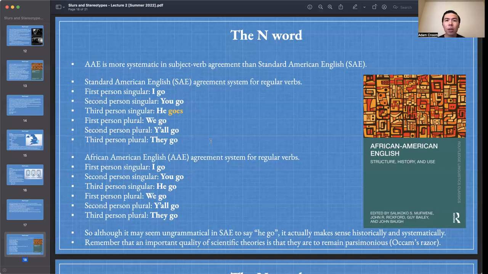Similarly, our rule system for language shouldn't be unnecessarily complex like we see here, but rather should be more uniform across all instances. And comparing SAE and AAE, AAE is more consistent in its agreement system for regular verbs, okay?